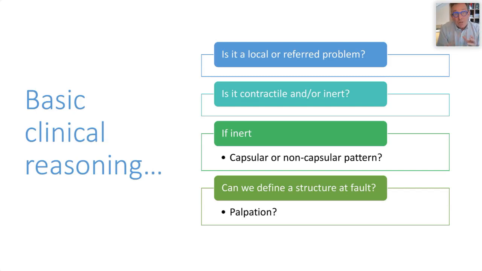Do I have an idea about the structure at fault? Perhaps yes. Do I know where exactly? Perhaps no. Perhaps then I have to do selective palpation. And then I come back to the comment of Joe. Make sure you also manage your palpation techniques, so that you find those structures in an optimal way.